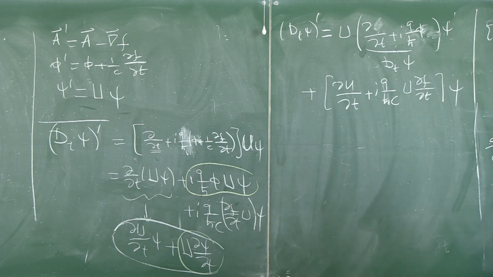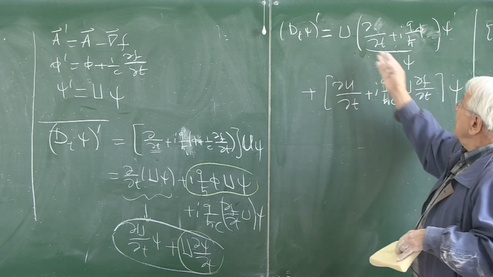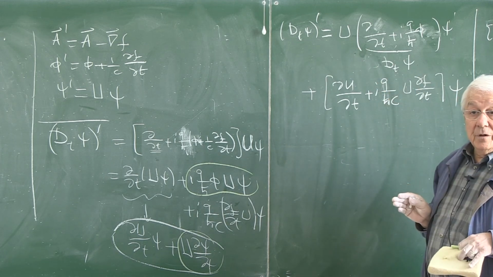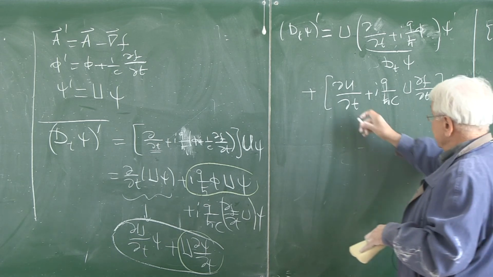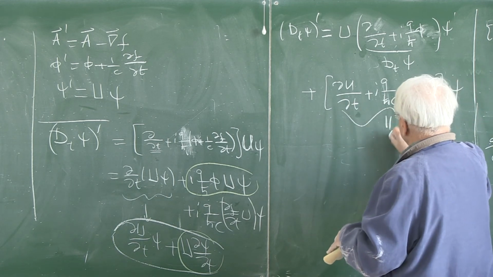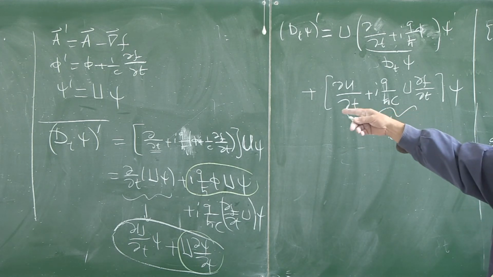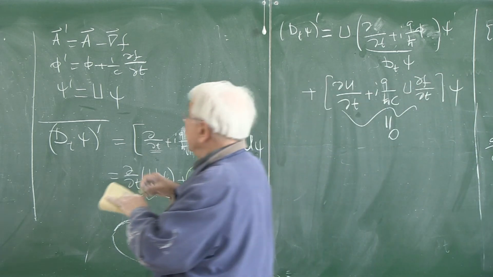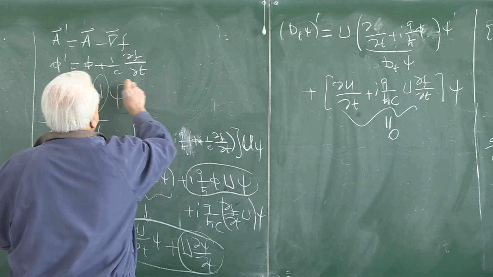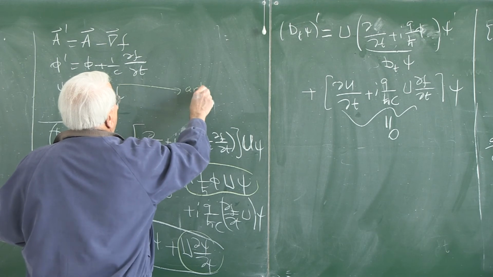So the covariant derivative in time transforms as u times the covariant derivative. If this thing vanishes, if I set it equal to 0, why do I have that freedom? Yes, because I haven't specified the form of the u yet. I have left it as yet arbitrary unitary.